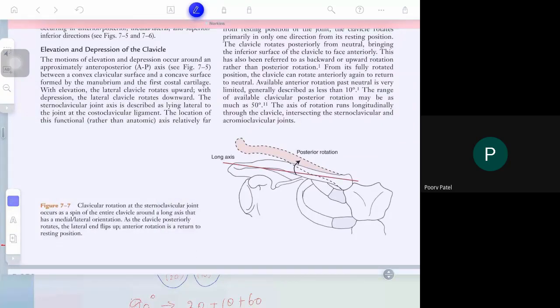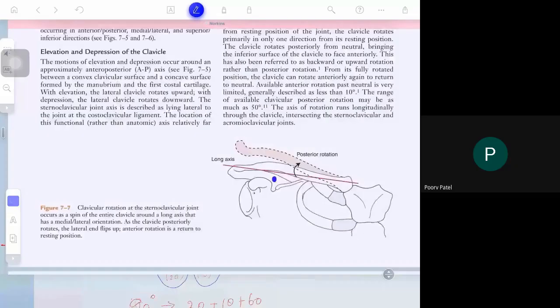The clavicle rotates posteriorly around the axis which passes through the long axis of the clavicle. So this movement occurs in the sternoclavicular joint.